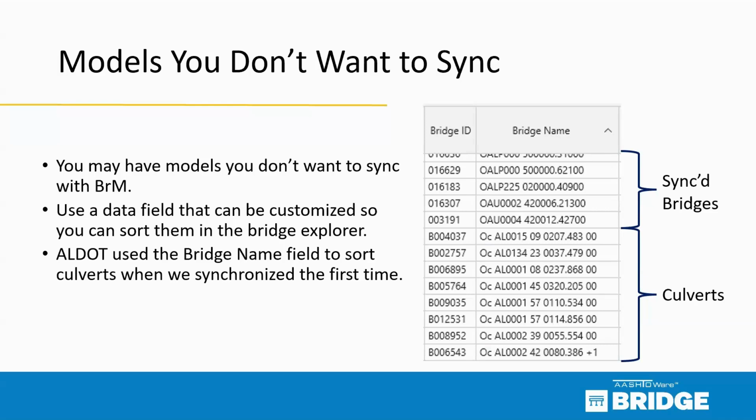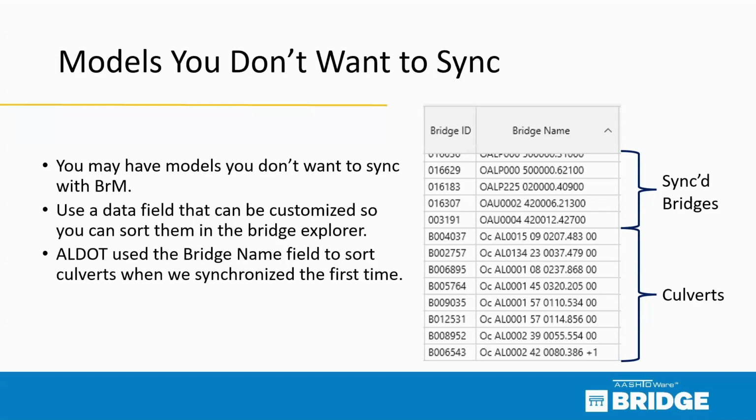The way that I recommend doing this is, in our case, we have that Alabama ID that starts with an O or a P. So what we did was add a C after that leading O for all the culverts.